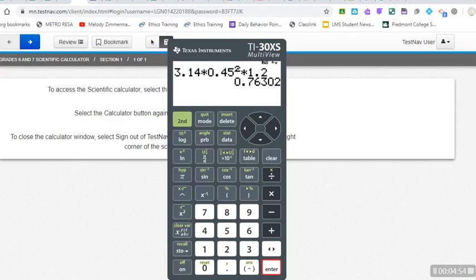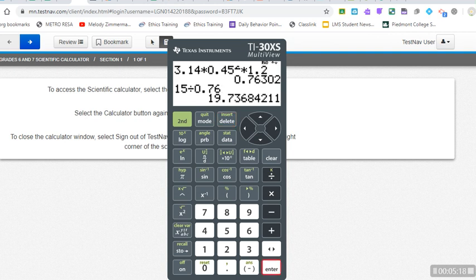So let's go to our calculator. 15 divided by 0.76. And to get accurate, we could actually put the 302 from what we got, or we can just leave it 0.76.